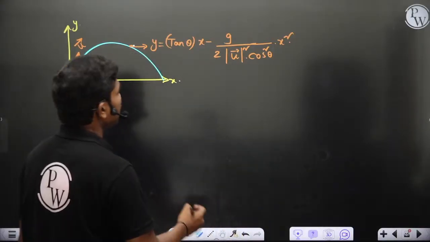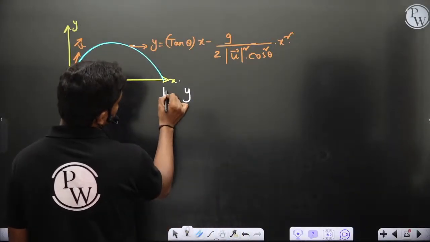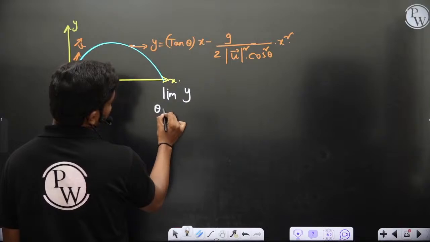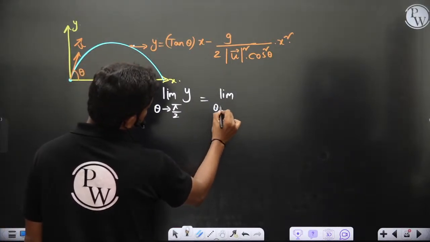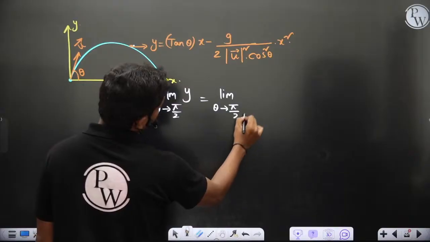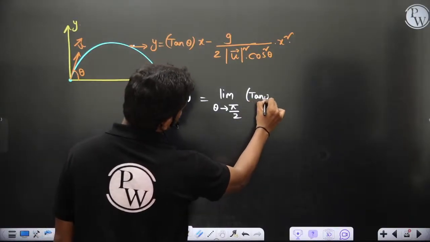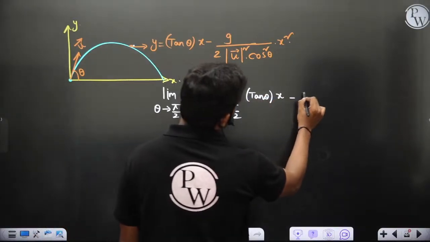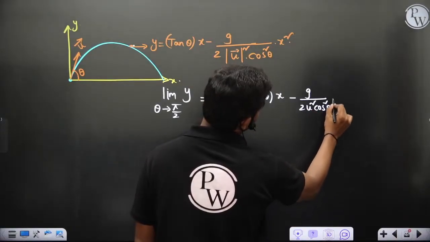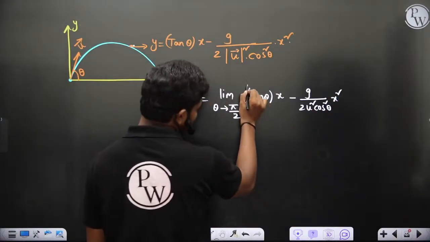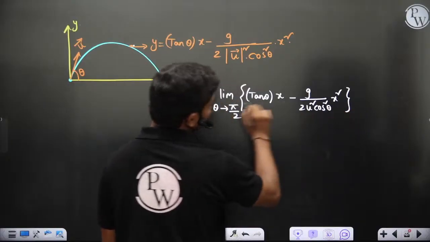Like you can calculate by limit theta tends to pi by 2, tan theta times x minus g by 2 u square cos square theta times x square, because here theta is not exactly pi by 2, it is only approaching pi by 2.